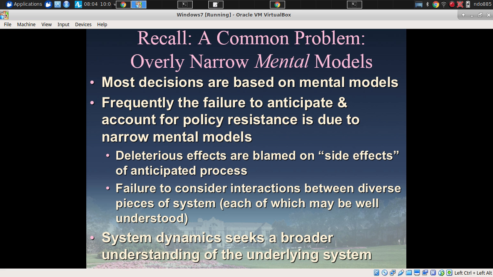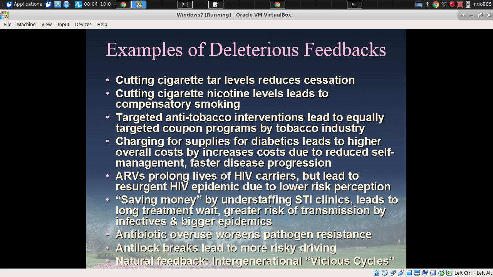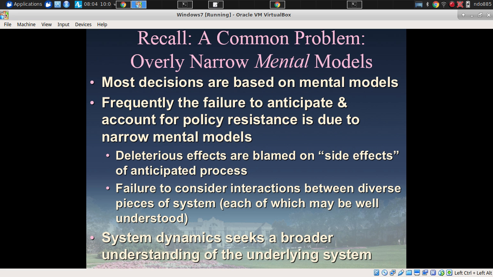And the reflection here on the health sphere is particularly keen, I think, given the long history of deleterious feedbacks, of sort of neglected side effects that came back and bite us, whether it's antibiotic resistance or those examples of cigarette nicotine attempts to lower it, or lower tar in cigarettes, or budget cuts that understaff STI clinics only to pay through the nose because of higher STI rates.